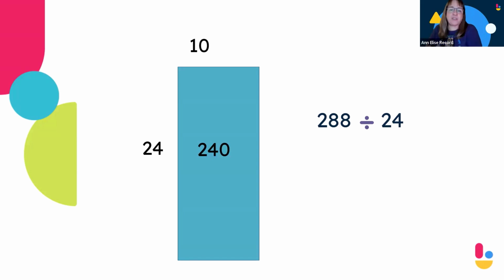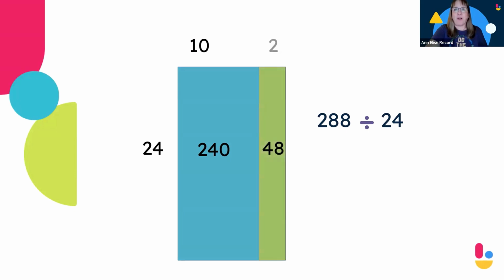That's where I would do some subtraction, right? And I can use the addition to find the distance if I want to. That 240 up to 288 is 48 more, and that's 2 more of those 24s, right? So what is that horizontal distance? That 10 groups plus the 2 more groups makes the 12 groups, right? So 288 divided by 24 is, of course, the 12.